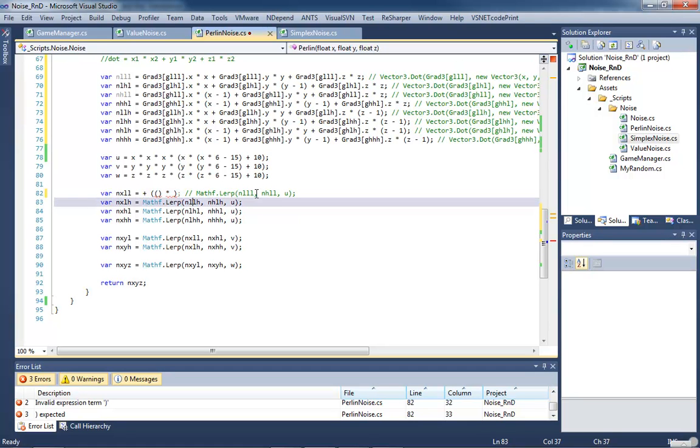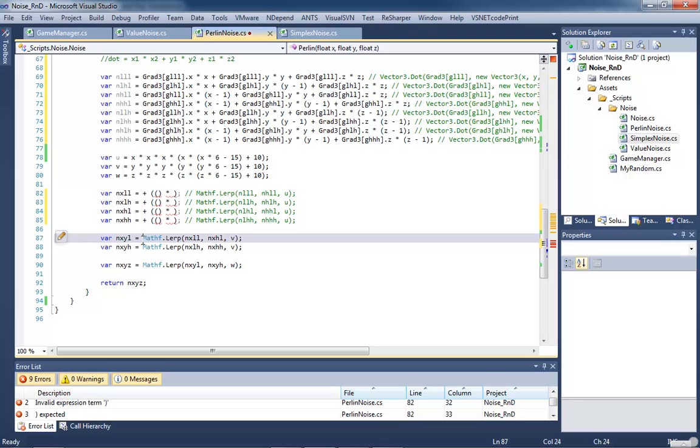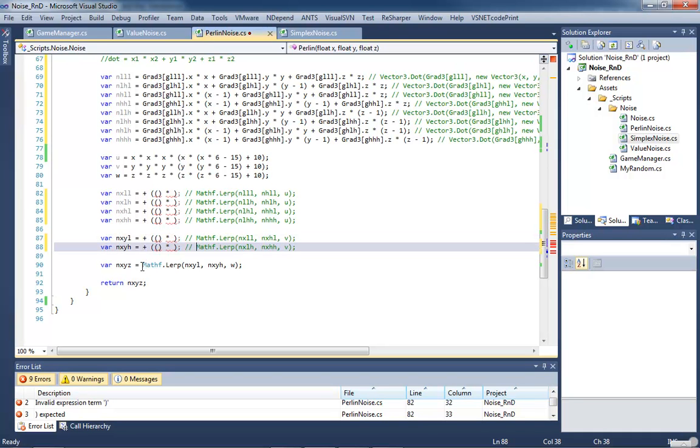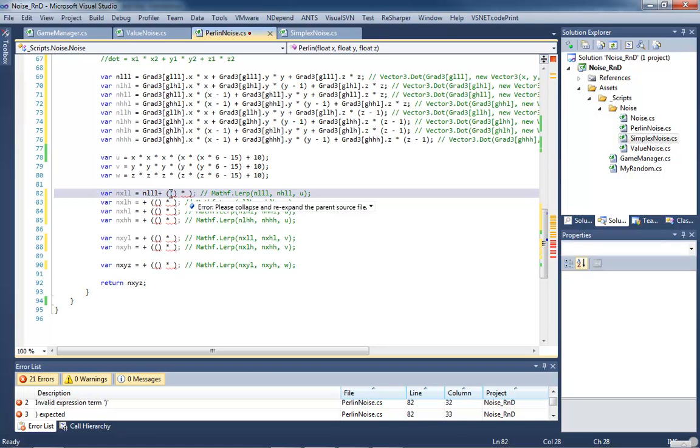All right, so we can take that one. There was a symbol I could have put in. All right, so minus.